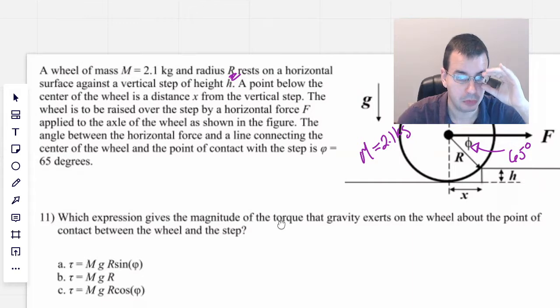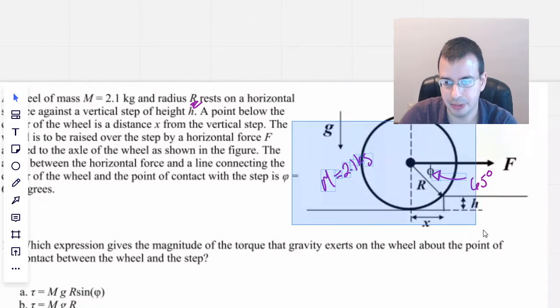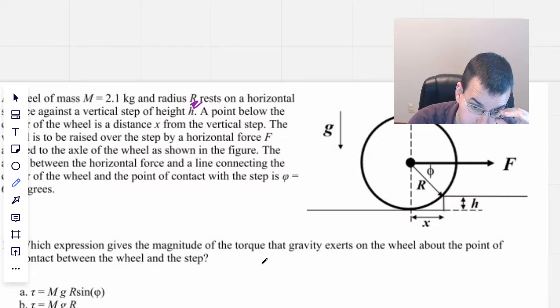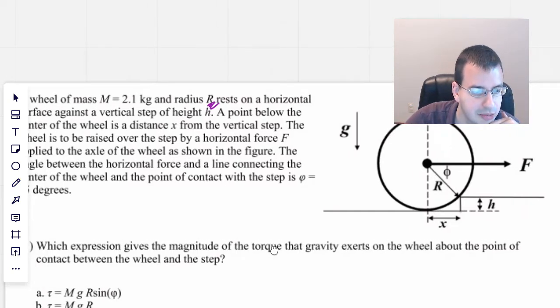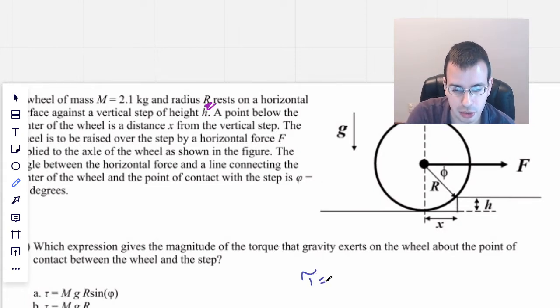Which expression gives the magnitude of the torque that gravity exerts on the wheel about the point of contact between the wheel and the step? I'm going to clean this picture up so I can draw on it some more. Torque equals r cross F, where these are all vectors.